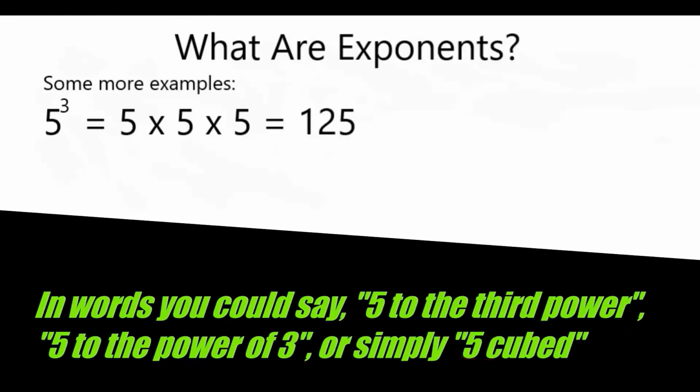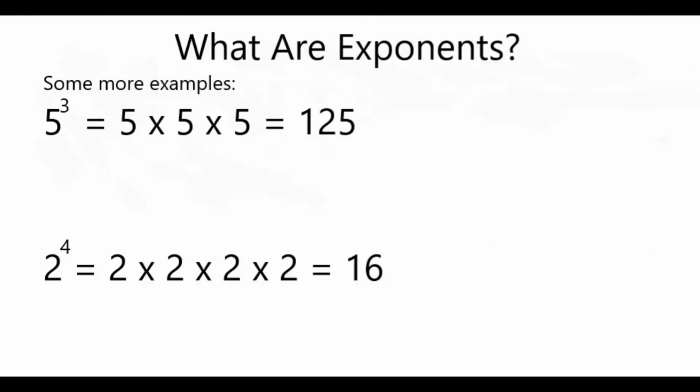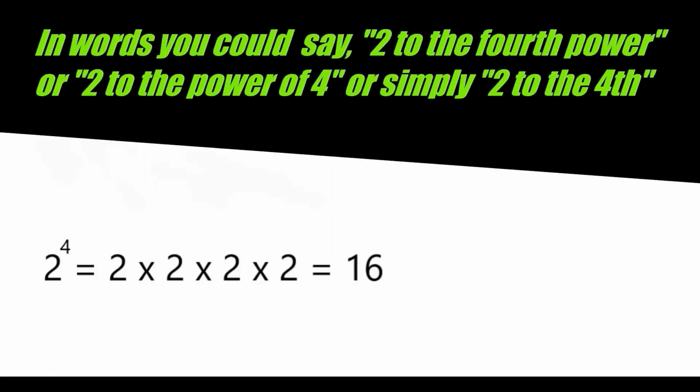Those are the other phrases you can use when you're mentioning 5 to the third power. Okay? Now, for 2 to the fourth power, other words that you can say are 2 to the fourth power, or 2 to the power of 4, or you can simply just say 2 to the fourth.